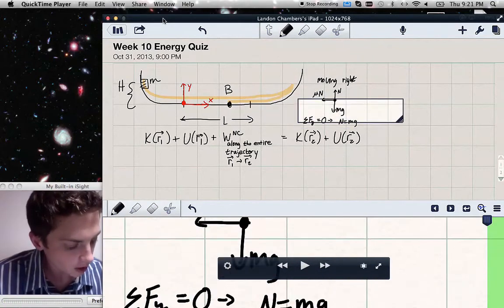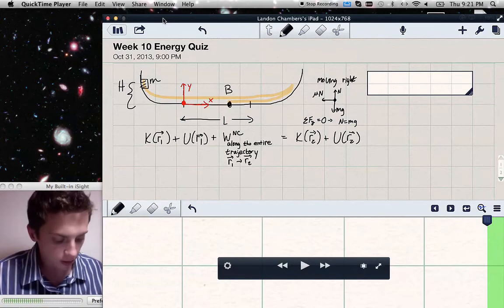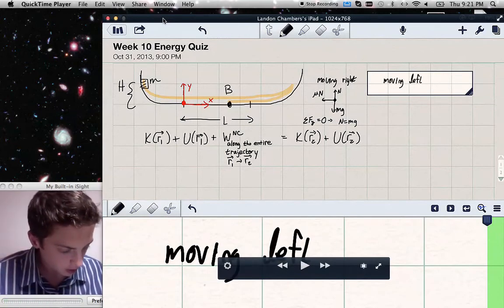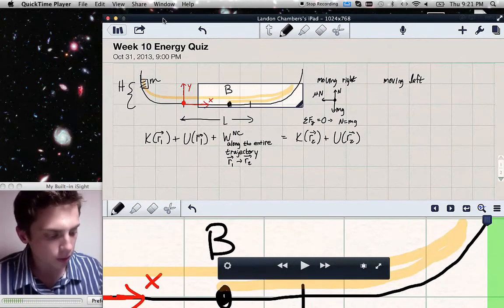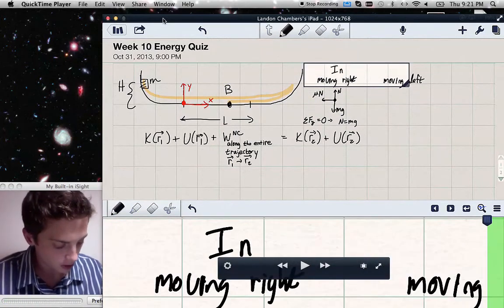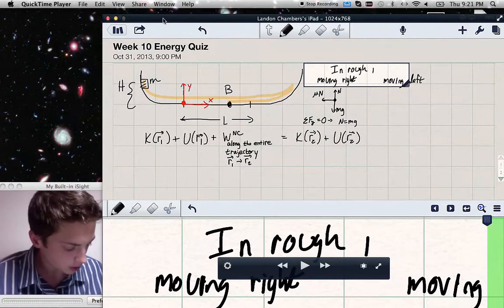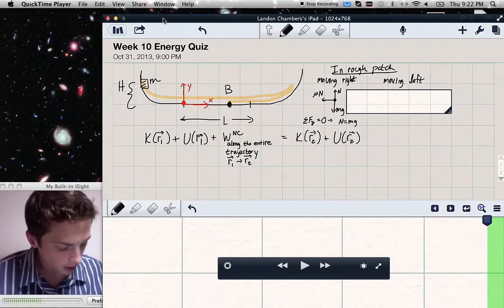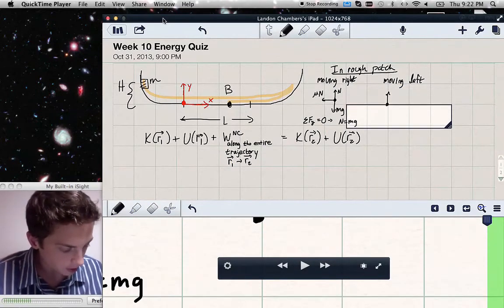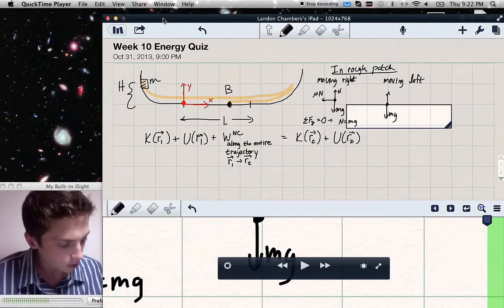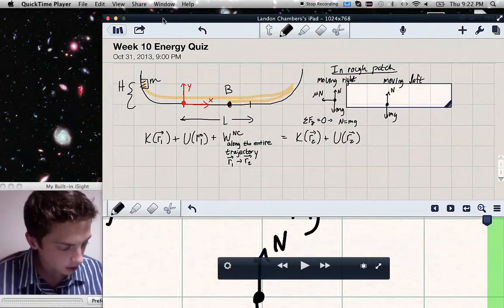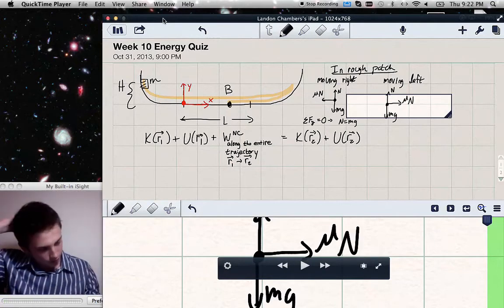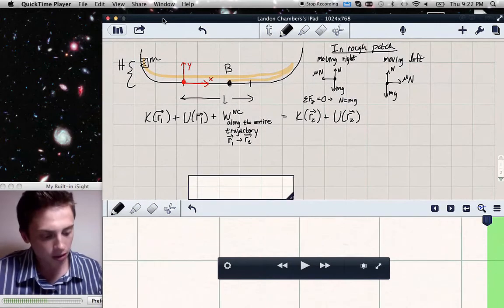So we would have n is equal to mg, and then moving left on the second part of the trajectory, when it moves down this ramp but then through this rough patch, so in the rough patch for both of these, then we have the normal force and mg once again, making the normal force mg. But now mu(n) is to the right, since it's moving to the left. So this would be all the law or definitions we need.